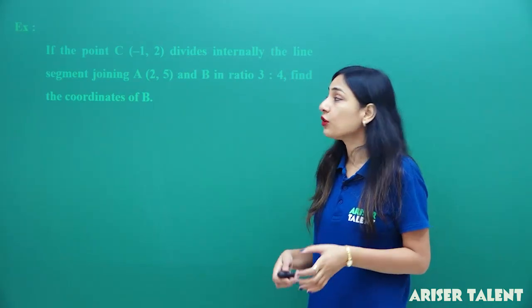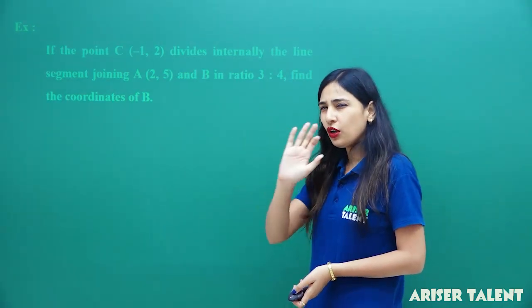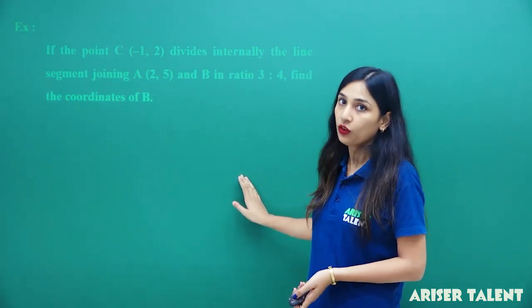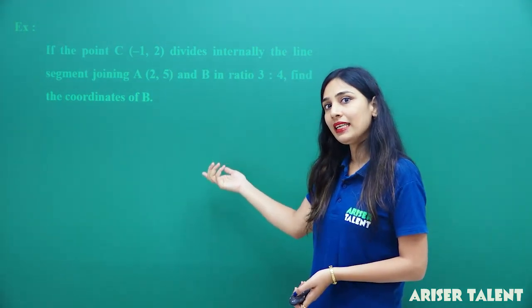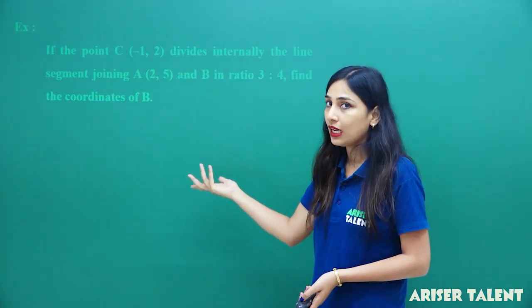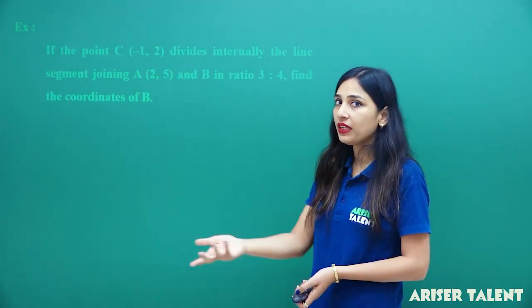Now what will we do in that case? We all know the section formula here, right? We'll write this formula and find out the unknowns, as we have the equations and the unknowns.